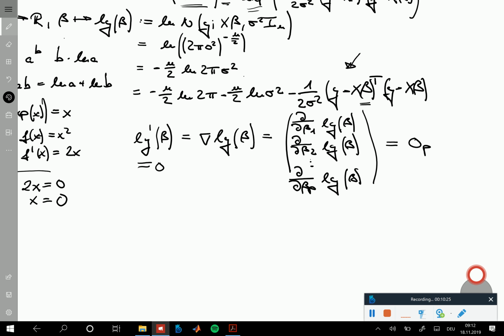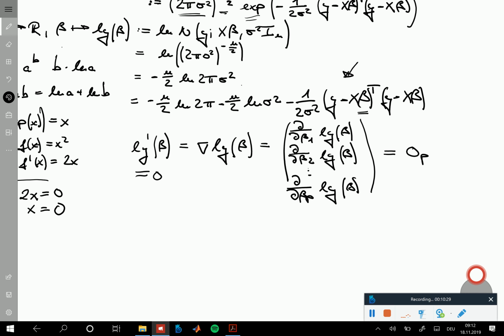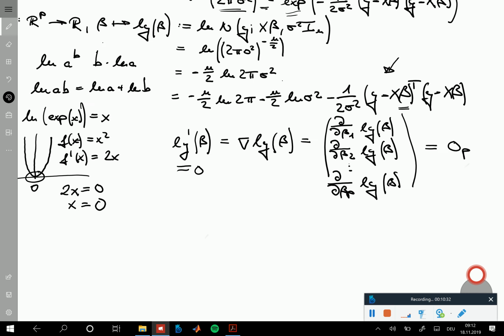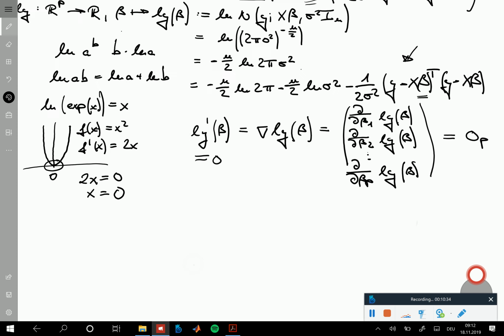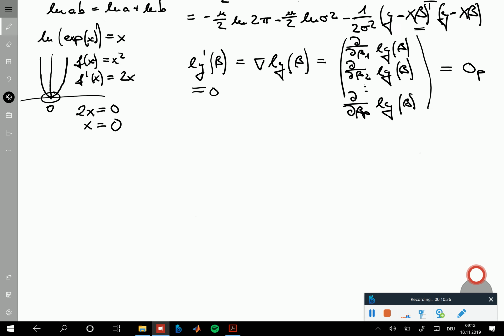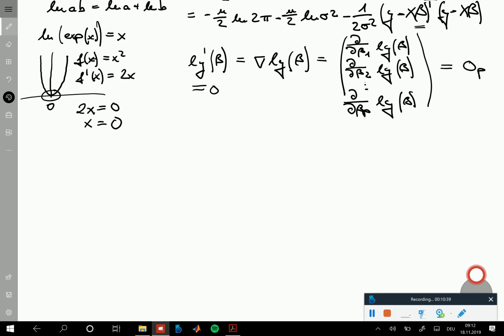If one computes the gradient of the log likelihood function, then one can show, and I will show you that in the script without writing everything down, that one gets to an equation that looks like this, which is also called the normal equation. It's a little bit of a weird name, but that's what it's called, normal equations.